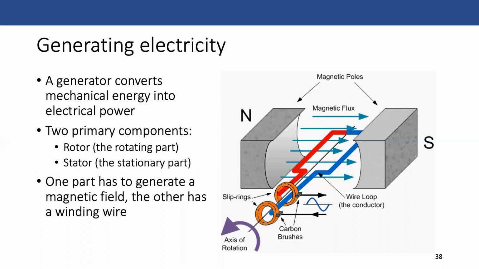If I were to send an electric current through the wire, I can induce a magnetic field to get it to spin.